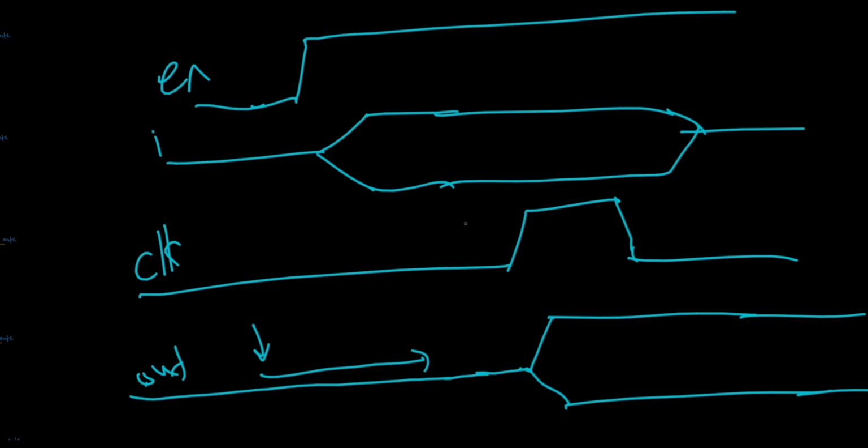But here, when the Cl goes to 1 and has the 1 voltage level, then we have Cl as 1, En as 1, so out would have the I value, and after that, even when Cl goes to 0, the out would remember its previous value, because in order to change it again, En and Cl have to go high again.